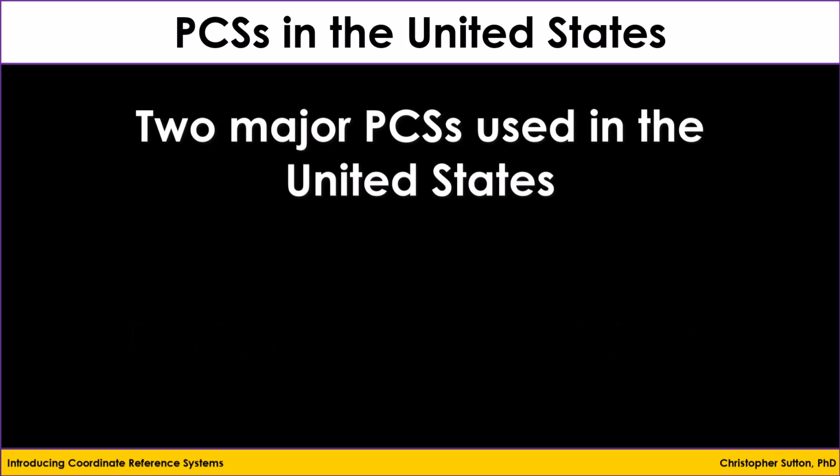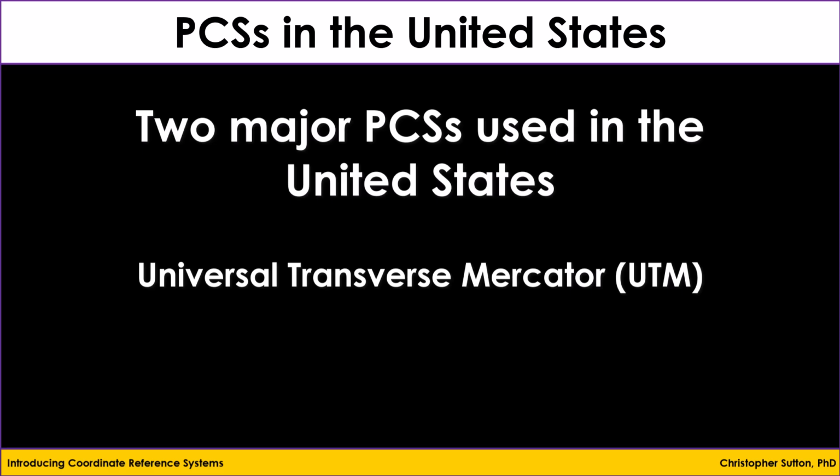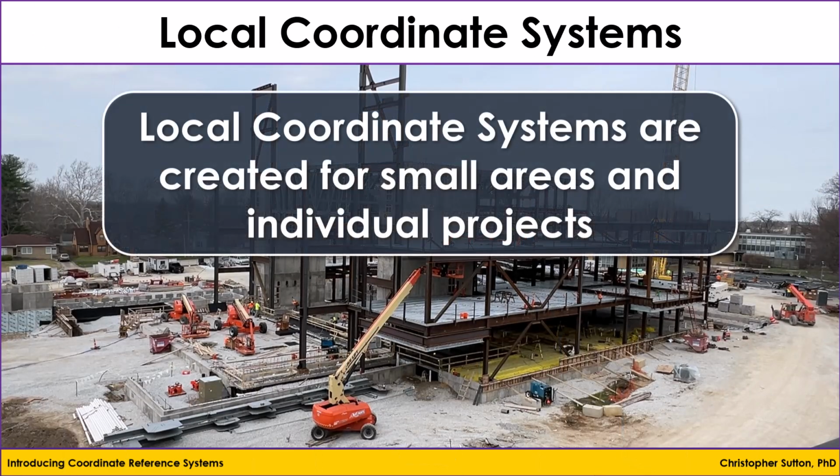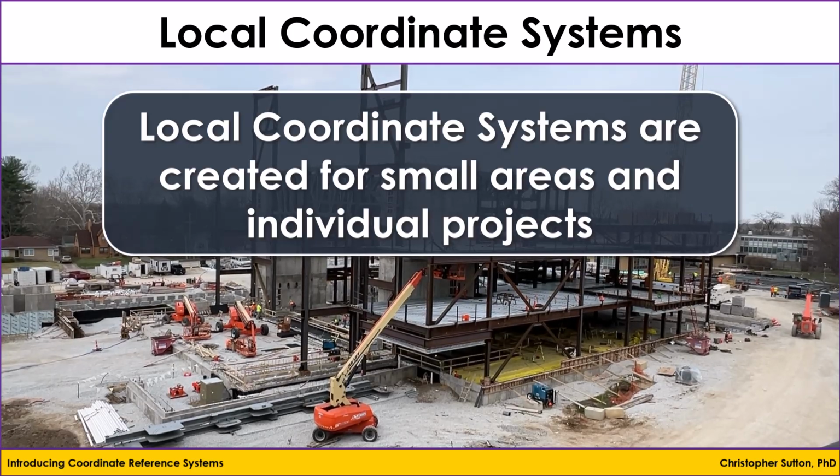There are two major projected coordinate systems used in the United States. The first being Universal Transverse Mercator, or UTM, and the other being the State Plane Coordinate System. Local coordinate systems are created for small areas and individual projects, such as indoor mapping and construction projects.